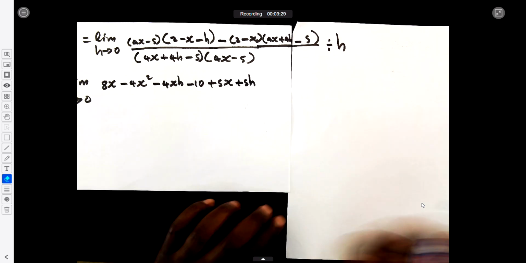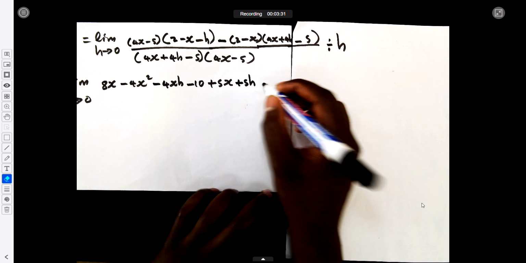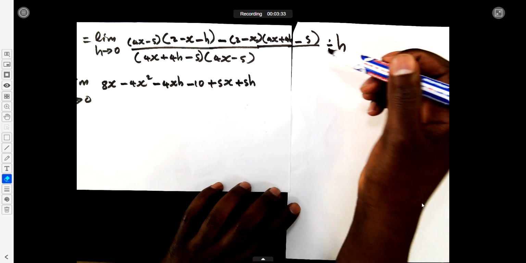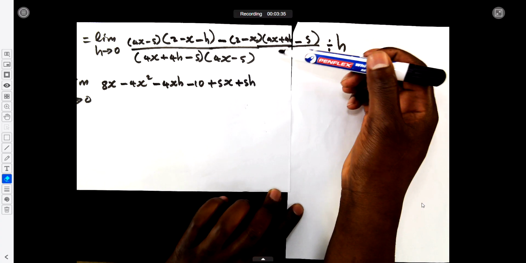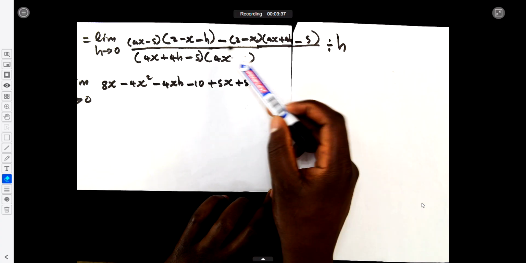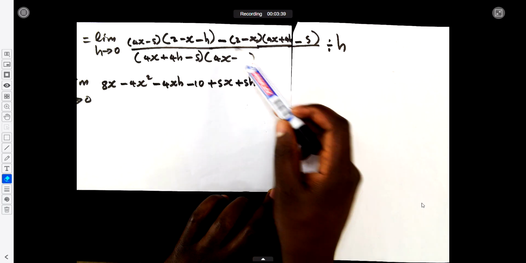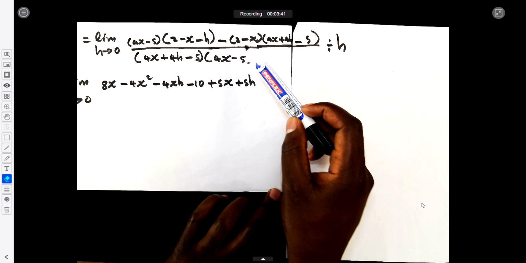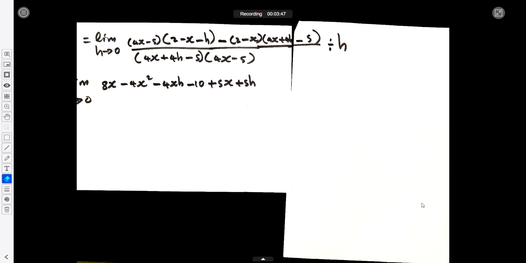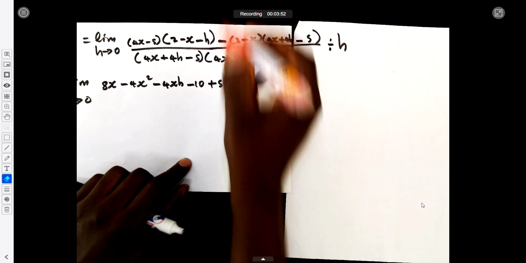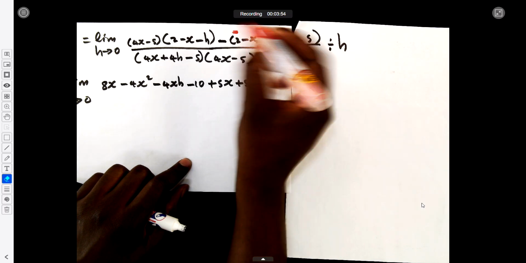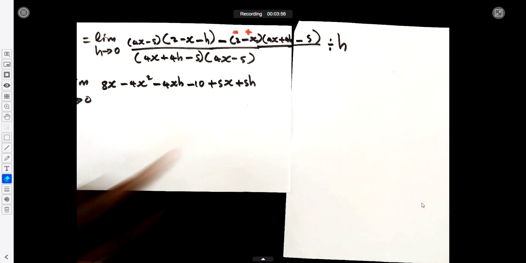Now move on to the second term, and let's deal with the negative. The negative multiplies everything there. So you must see it in this way: multiplying this, it will be negative 2, and this will be positive x.